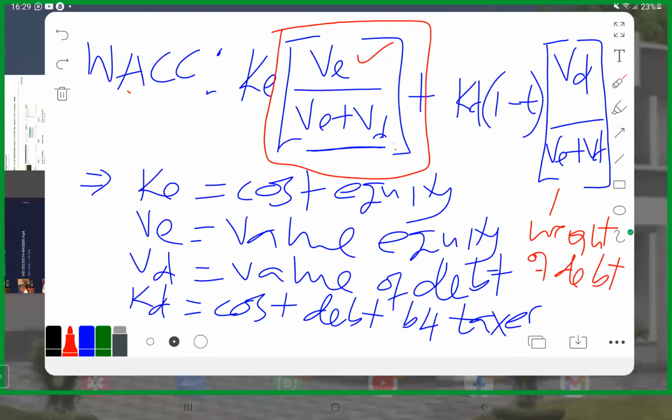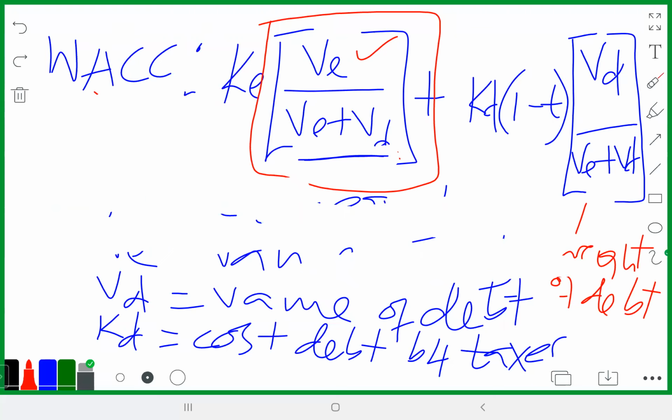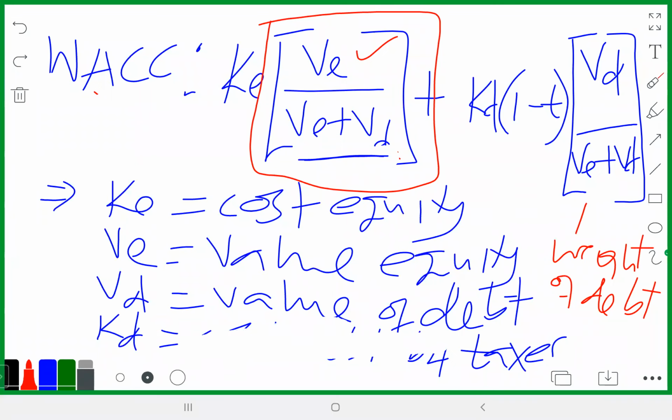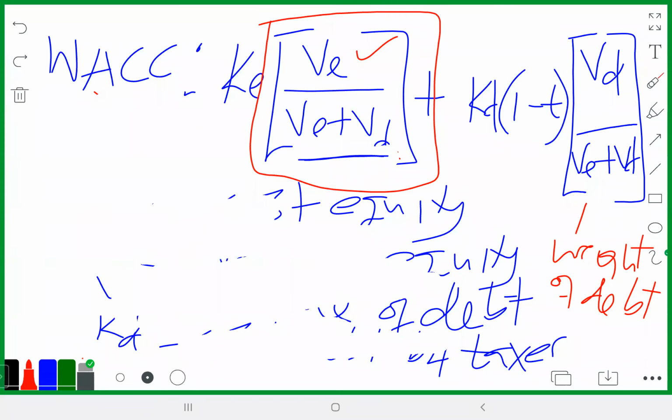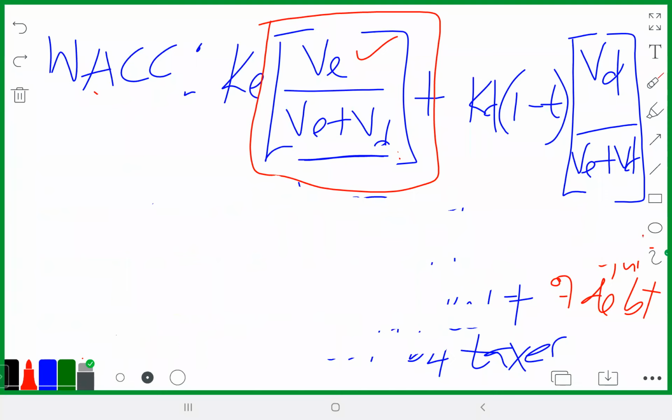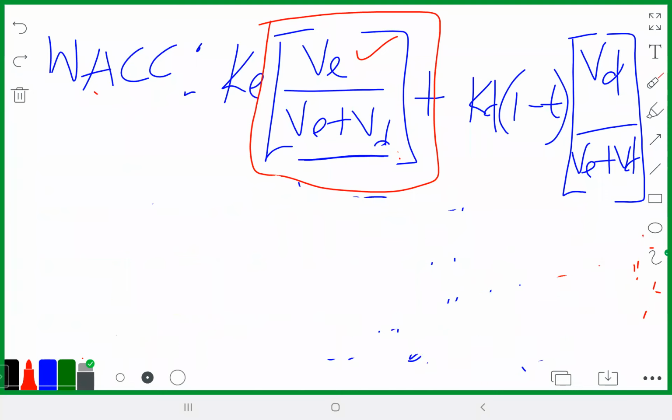So what do we have as the cost of equity, in decimals, of course?